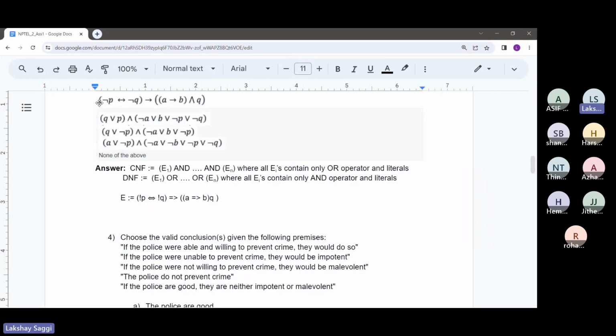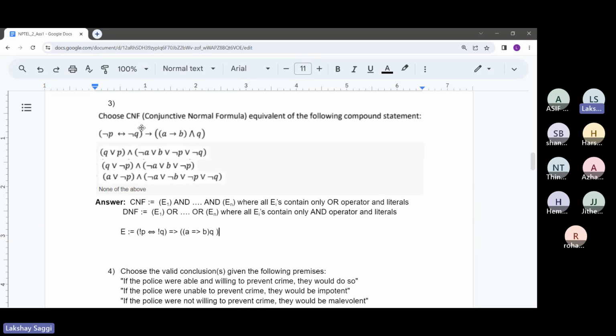So let's see which of these is basically equivalent to the expression E, and we also need to check whether these are in their CNF form or not. CNF form is where the higher level expressions should be separated by ands, and the expressions within themselves should be separated by ors only.